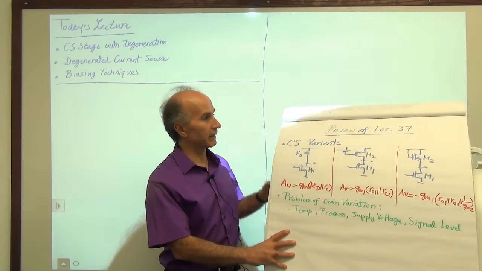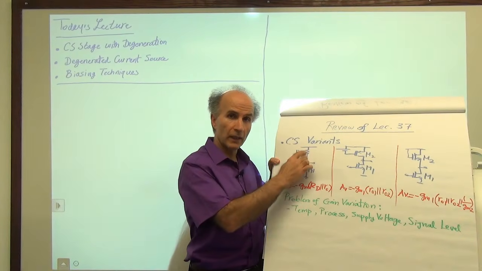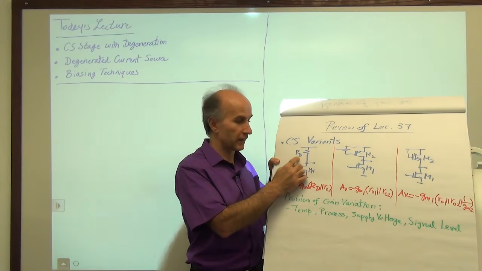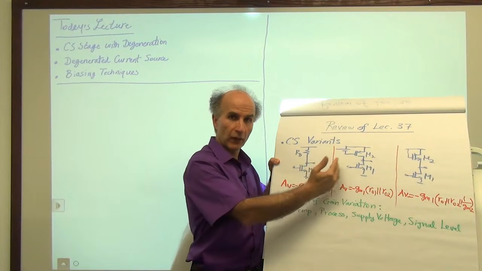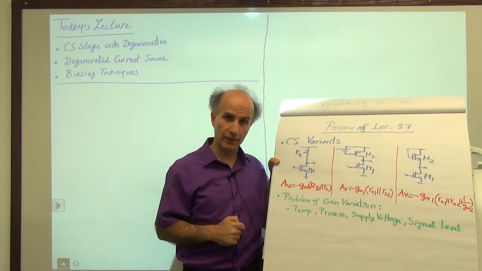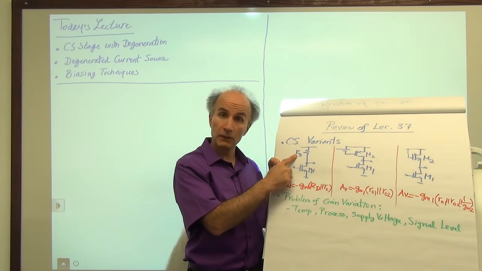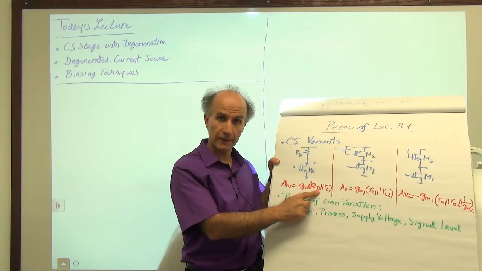We said that depending on the type of load that we connect from the drain of the amplifying device to VDD, to the power supply, we may have different types of common source stages. With a simple resistive load, if we include channel length modulation, the voltage gain is given by this.